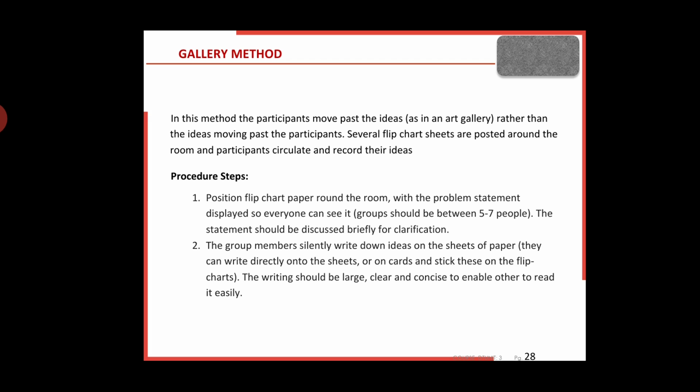They are represented on flip chart sheets, whatever they are thinking in their mindset, for the development of a product or whatever the consumer needs or desires.